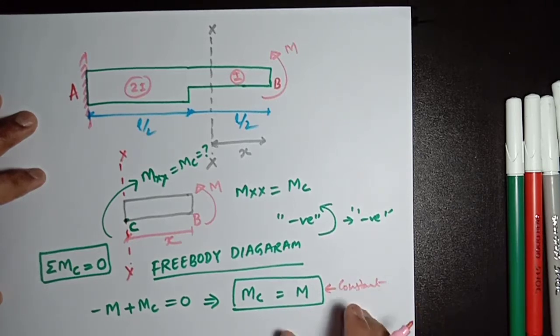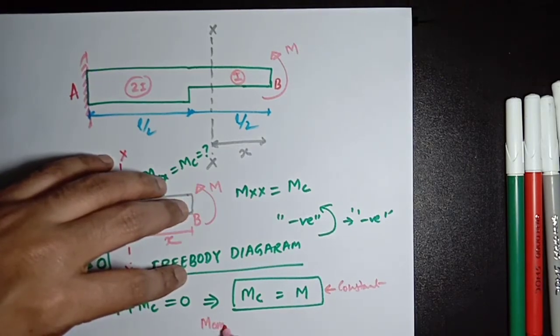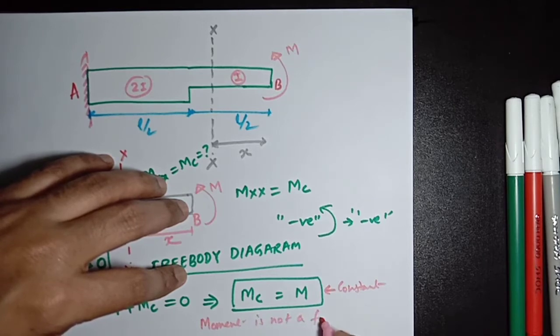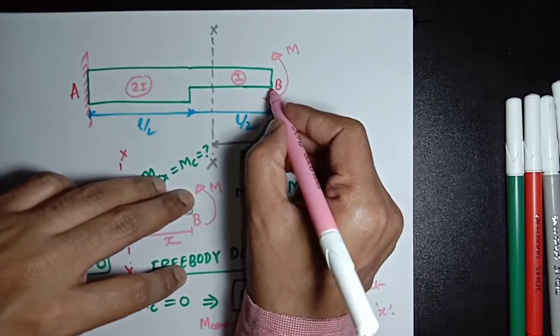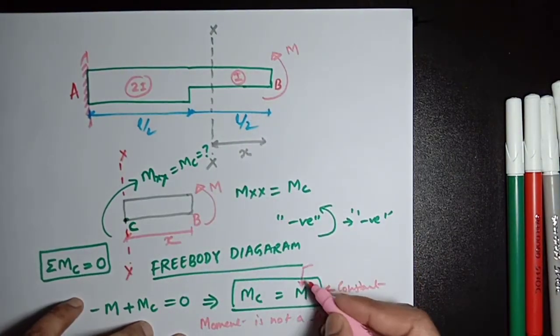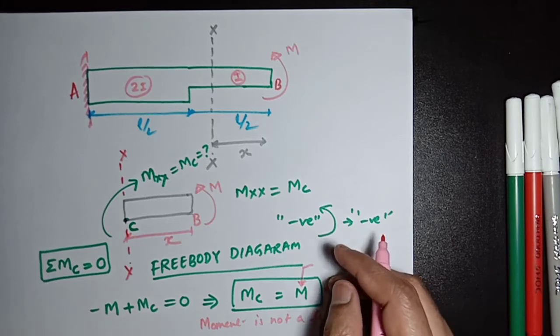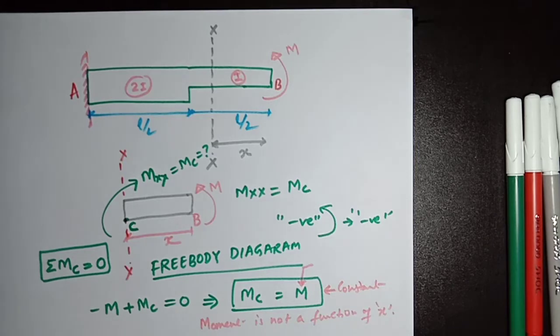At any distance from point B, the moment will be of the same value. That value will be M. So a bending moment diagram will have a constant value of M throughout its length.